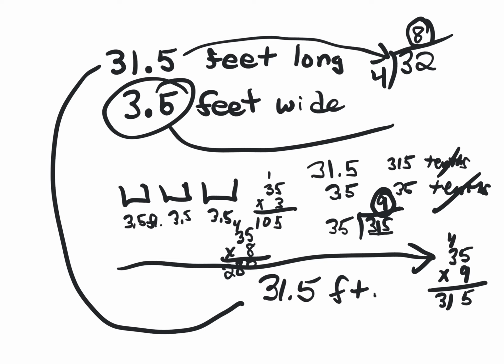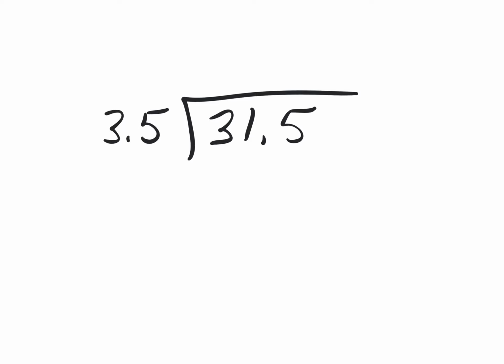Now, let's take a look at this without using this place value strategy and by using our moving the decimal point strategy. So 31.5 and 3.5. So here we go, 31 and 5/10 and 3 and 5/10. If you remember, our other strategy, if you don't like the place value strategy, is to take the decimal point and move it over until you get a whole number on the outside. That time it just took us 1 spot.